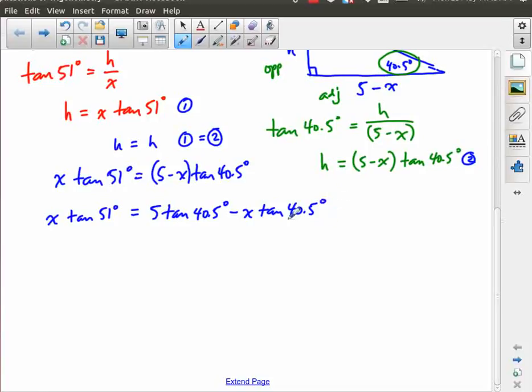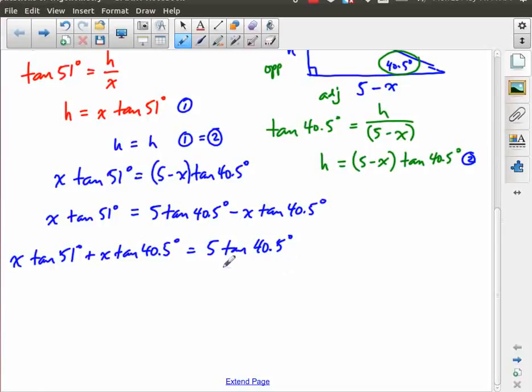I'm going to bring all of my x's to one side, so I'm going to bring this term over to the left side. So I end up with x tan 51 degrees plus x tan 40.5 degrees is equal to 5 tan 40.5 degrees.